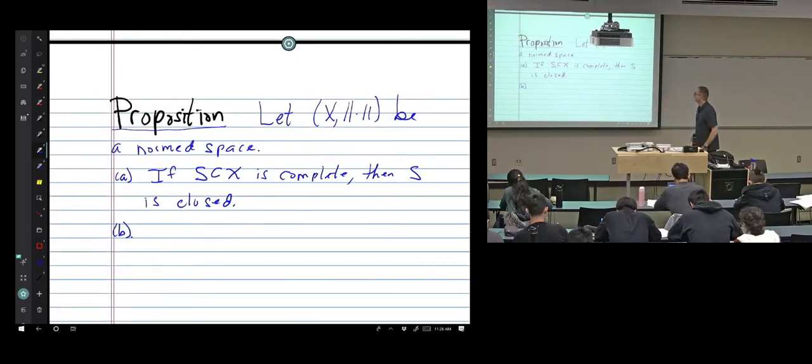So completeness, to be complete, a necessary condition is that the set is closed. It's not a sufficient condition, but it's a necessary condition.